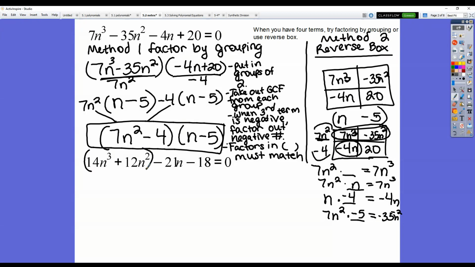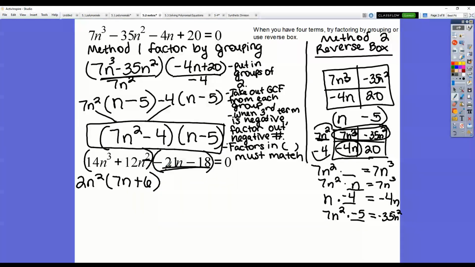Okay, factoring by grouping here. Put them in parentheses. What's the greatest common factor of 14 and 12? Well, that's 2. Take out the biggest exponent they have in common, which is n squared. So that leaves me with 7n plus 6. Over here, again, this is a negative number.